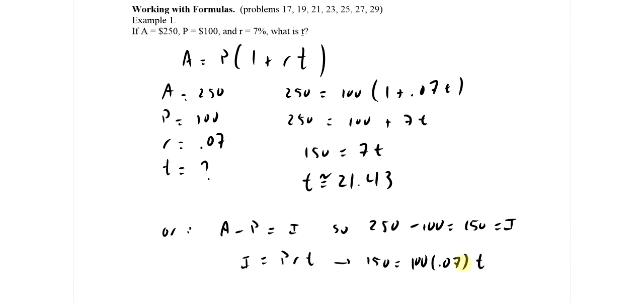And 150 equals 7T. That's this equation. So you can think of it in two different ways there. The formulas are pretty straightforward. There's always four variables, right? A, P, R, and T, or I, P, R, and T. They give you three of them, you plug them in, you find out what the fourth one is.